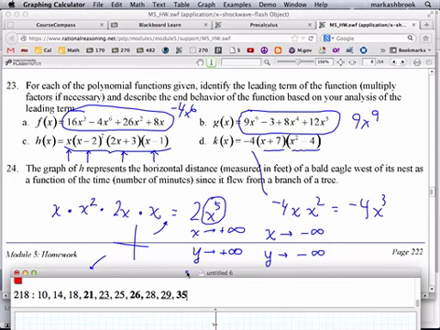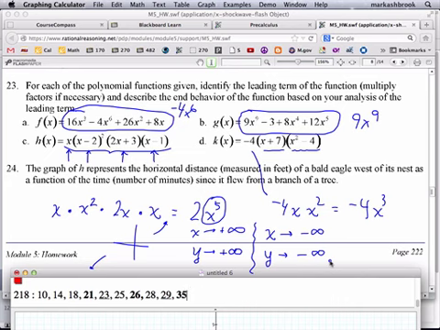As you go way out to the right, did I get that wrong? No, I had this right. So as you go way out to the right, it's going to go up. As you go way out to the left, it's going to go down.